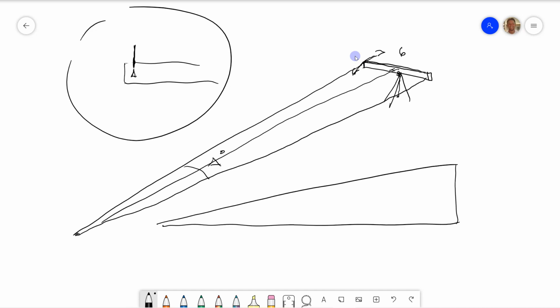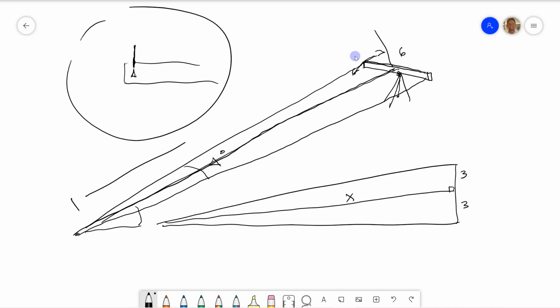Even though it's inclined, it's going uphill, right? We've done a vertical angle too. This is a 3, and that's also 3. And what we're looking for is this dimension here, which will be the diagonal. So we have 3, and then the formula goes: 3 over x is equal to tangent of delta divided by 2.